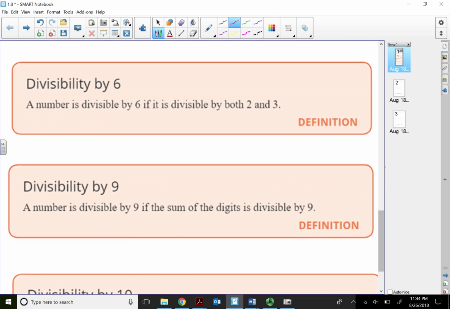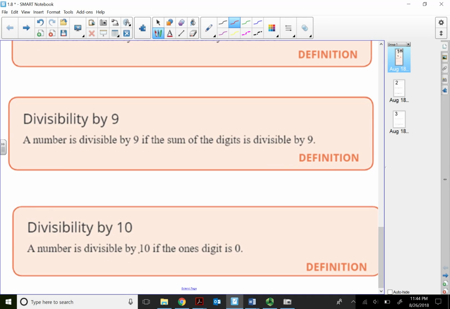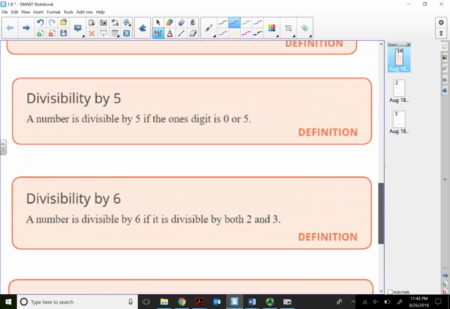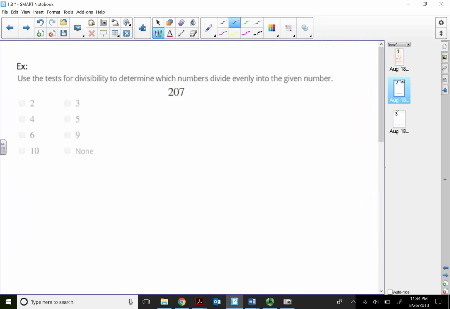Divisibility by 9 is the same as divisibility by 3, but if the sum of the digits is divisible by 9, then 9 can go into that number. Divisibility by 10: the number has to end in zero. So it's just kind of quick. You have these rules on your handouts. So use your handouts. Let's take a look at some of these examples.